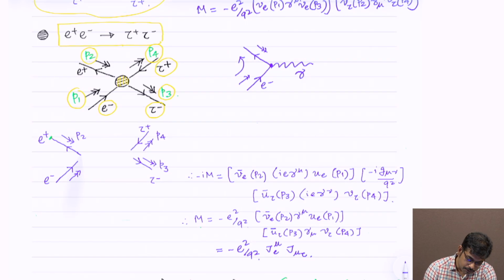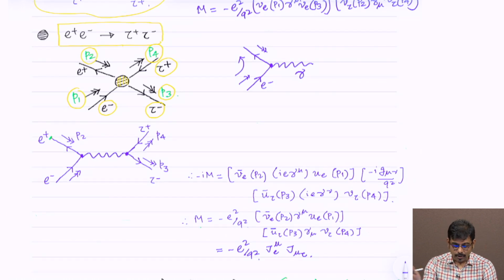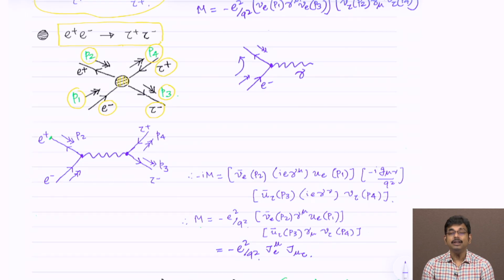So, therefore, you can stitch those 2 points with a photon, and similarly you can stitch the final state tau plus tau minus to another vertex to have the photon. So, you see this photon is now carrying this interaction in a different way.